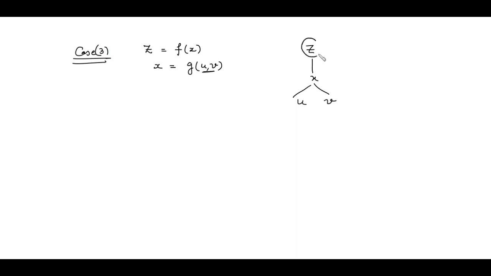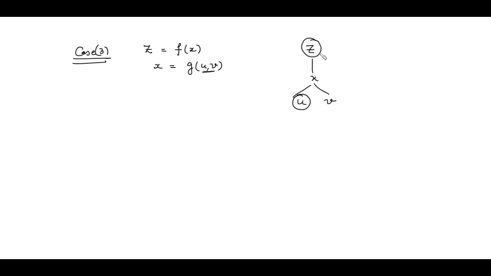Now see the third case, when z is a function of a single variable and further x is depending on two variables. If we want to find the derivative of this with respect to u, now just see, after substituting the value of x in terms of u and v, z will become a function of two independent variables.